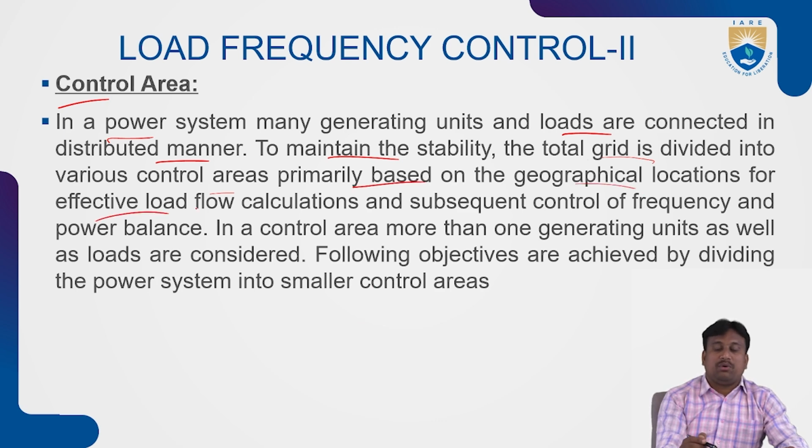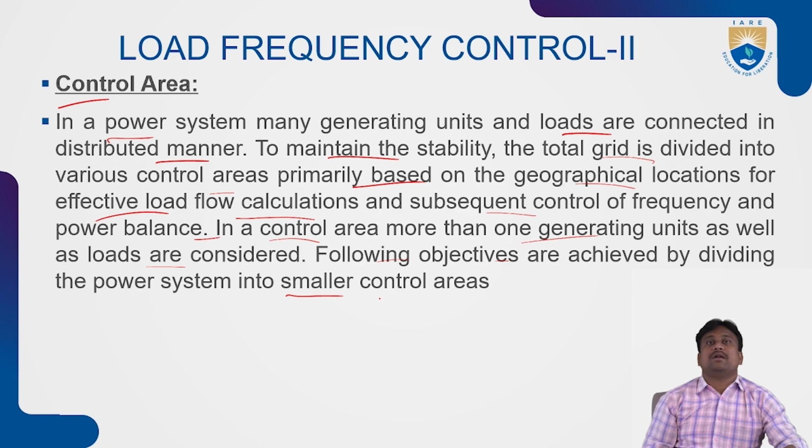So for effective load operation, load flow calculations, and subsequent control of frequency and power balance are taken care of. That means in a control area, more than one generating unit as well as loads are considered. So some objectives are defined to achieve by dividing the power system into smaller control areas.